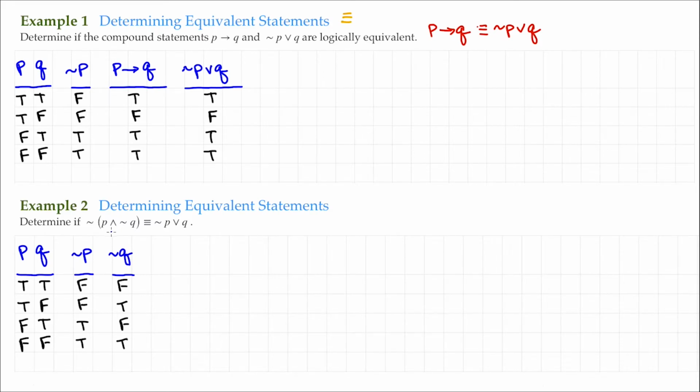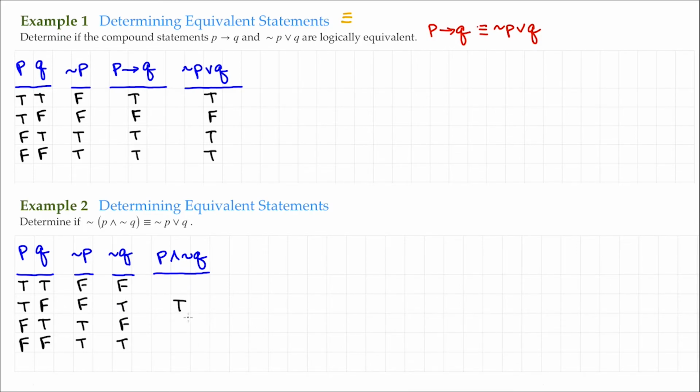Now I can do inside the parentheses here, P and not Q. Again, this is a conjunction, an and statement. This has to be true, and this has to be true for the whole thing to be true. So it's true right here, and it's true right here.